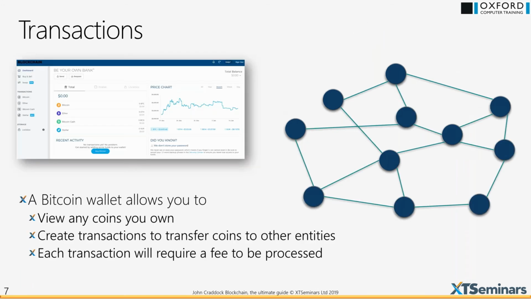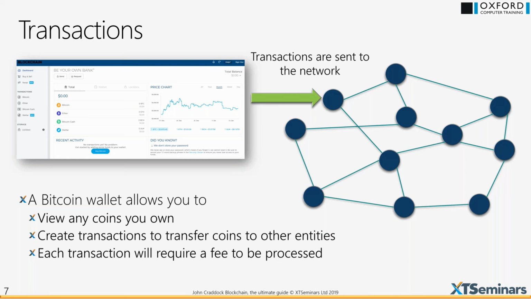So transactions, what is a transaction? A transaction moves coins from A to B. So they transfer from us to another entity. And that transaction gets constructed in some way. One of the ways of doing that is to use a Bitcoin wallet, and I'll come back to Bitcoin wallets in a bit more detail.